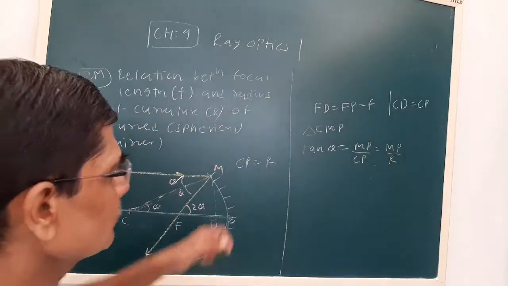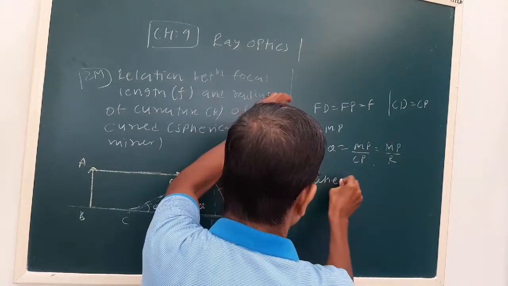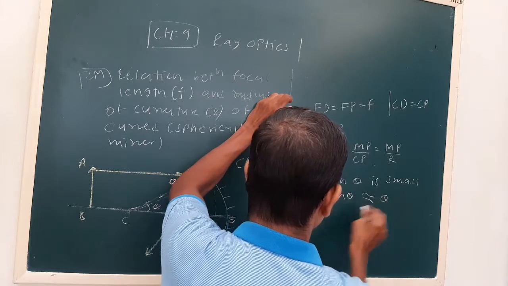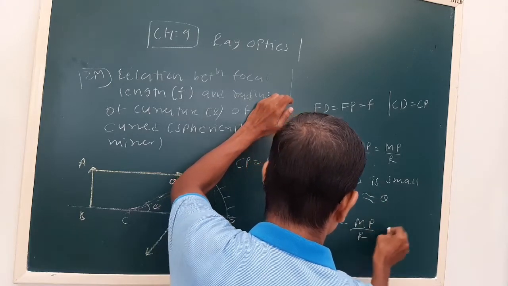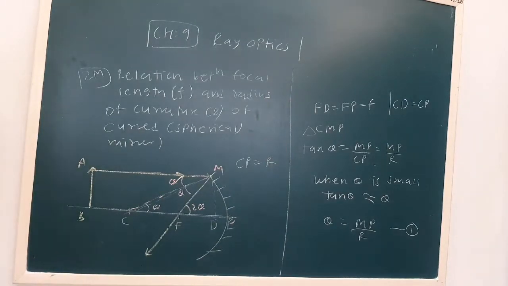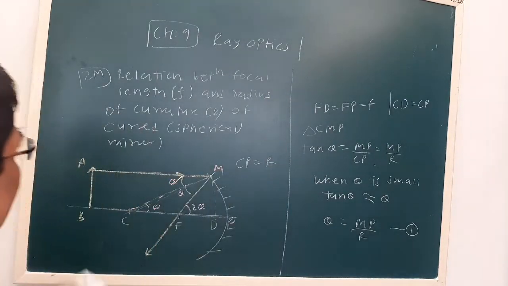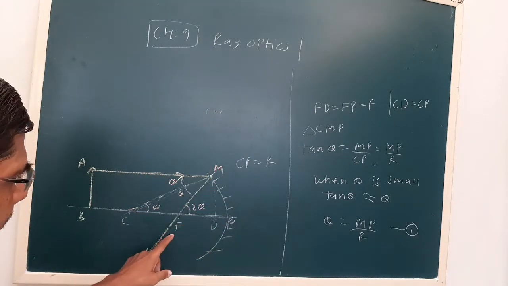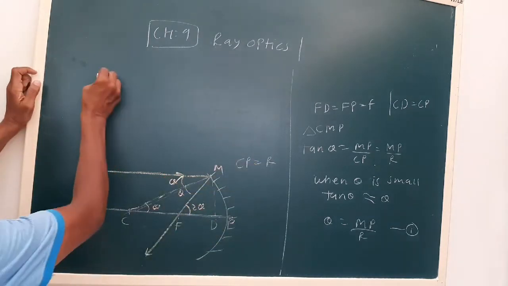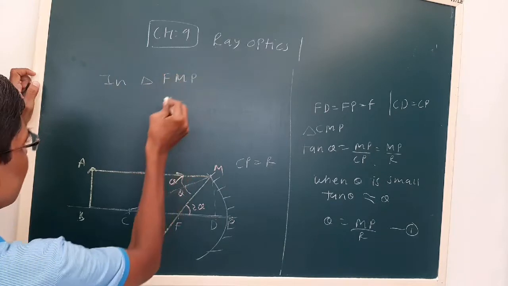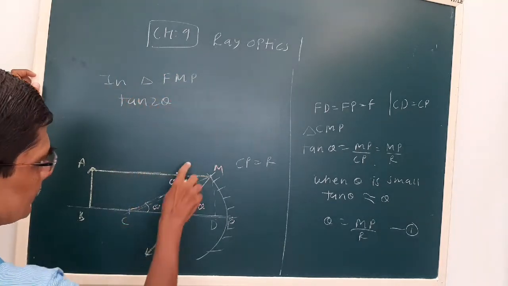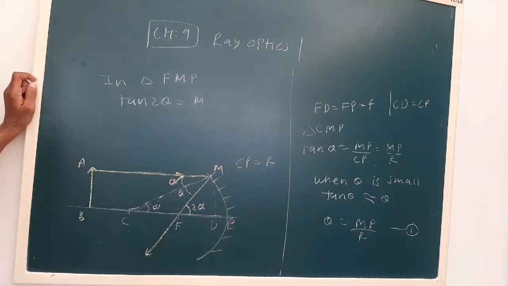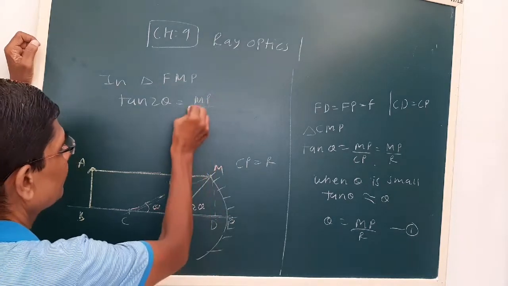Now when theta is small, tan theta is approximately theta. Let us say this is relation number 1. Now the second triangle: first we considered triangle CMP, now we consider triangle FMP. In triangle FMP, tan 2 theta will be opposite upon adjacent, so it will be MP upon FP.